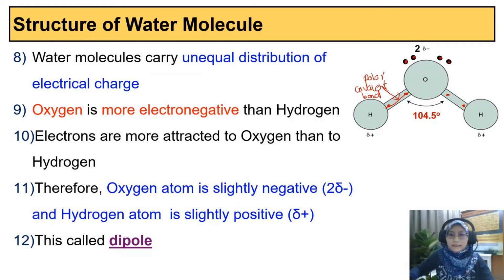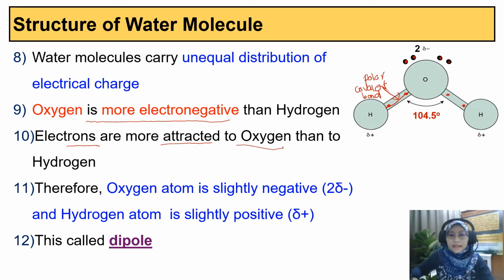However, the oxygen atom is more electronegative than hydrogen, and the electrons between hydrogen and oxygen will be more attracted to the oxygen atom than the hydrogen atom.